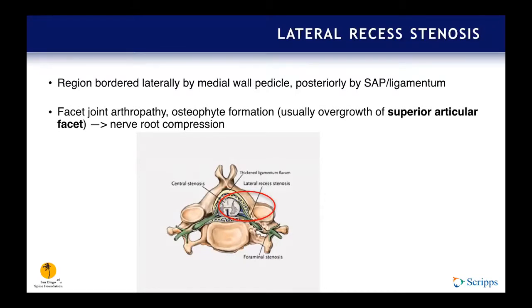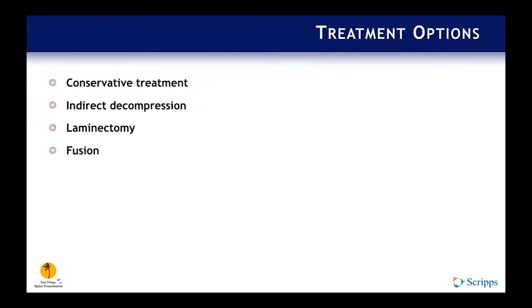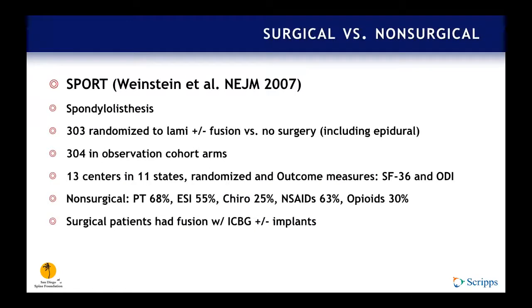And especially as it grows, it can grow more anteriorly into the vertebral body, decreasing the foraminal area. So the gamut of treatment options is the standard conservative, and then you get into operative options, and we'll touch on those as well.